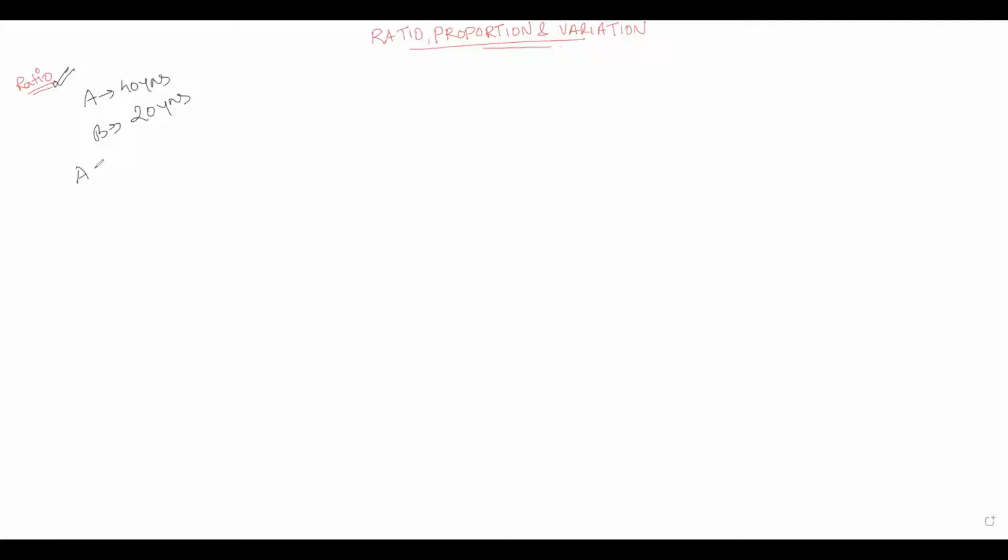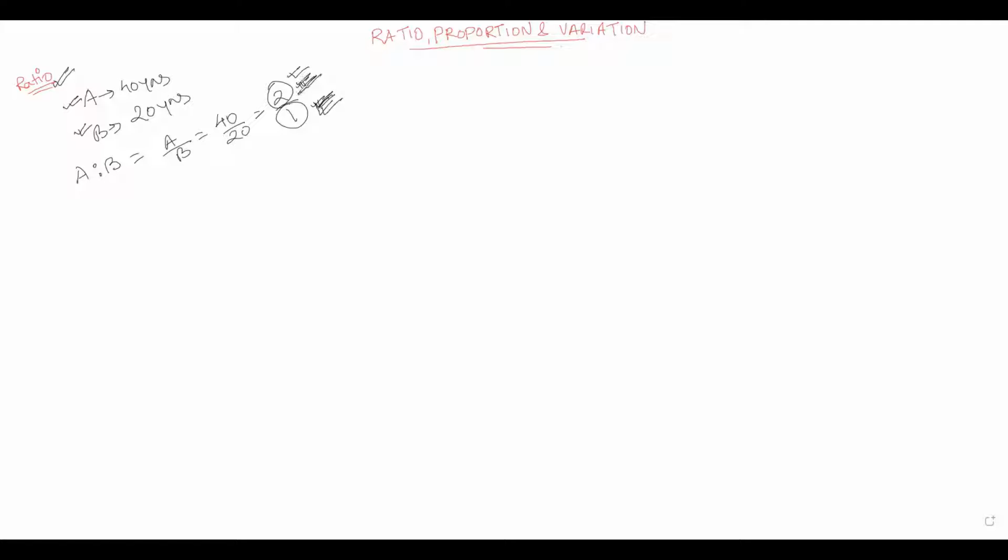So this ratio can be written as A is to B, which is nothing but A by B, which we can write as 40 by 20, which is 2 by 1. So the ratio of A's age to B's age is simply 2 by 1. That is, A's age is double that of B's age. So we can also say that ratio simply expresses the number of times one quantity contains the other.